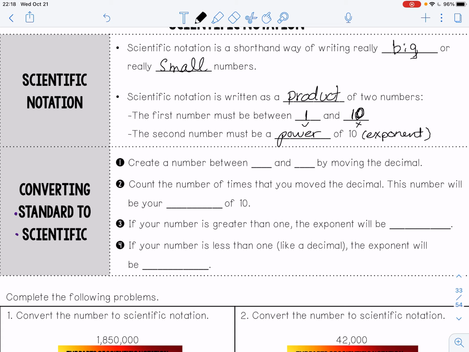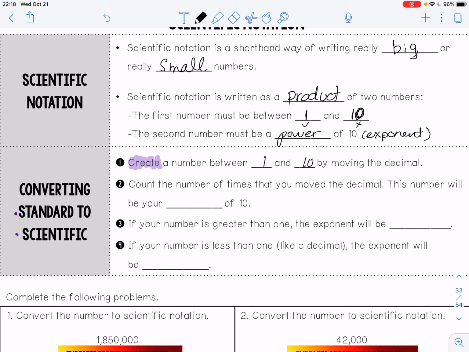Okay, so here's the actual rules that we have to go by. We have to create, notice the verb here, a number between 1 and 10 by moving the decimal. We are going to actually make this number. We're going to force it to be between 1 and 10.